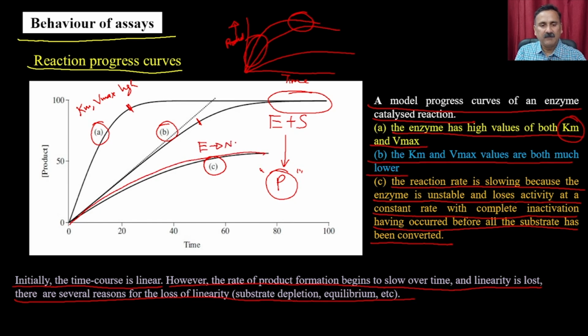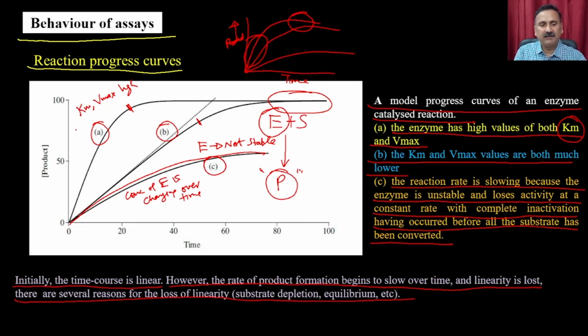What happens is that the concentration of active enzyme is changing over time. You can imagine that if that happens, it is going to keep processing lower and lower amounts of substrate, and instead of an increase in product formation, there will be a decrease, and that's why this is not good.